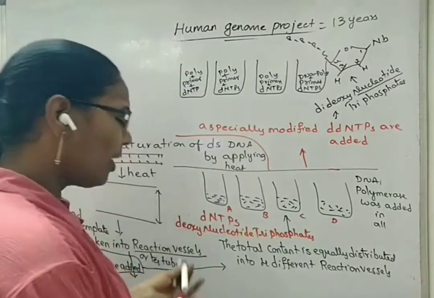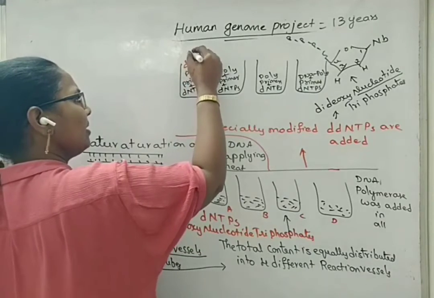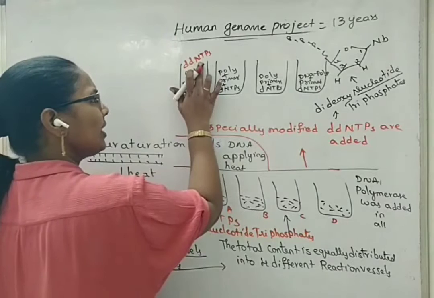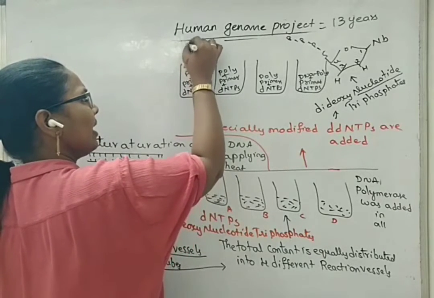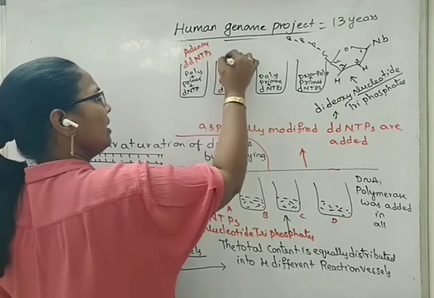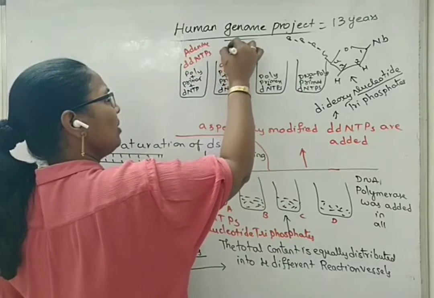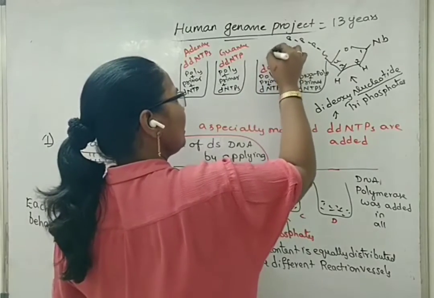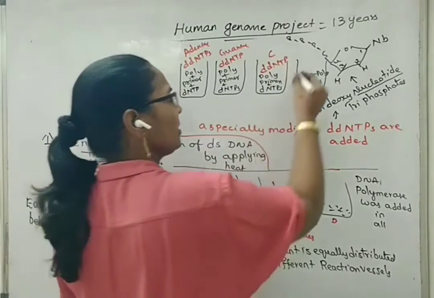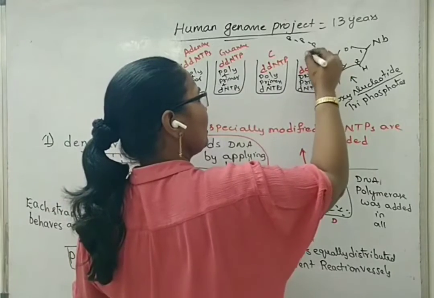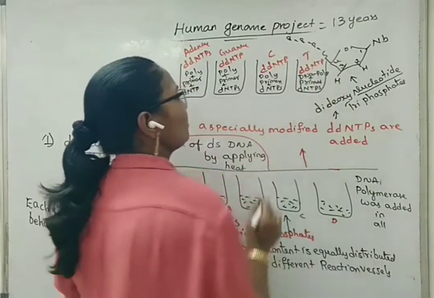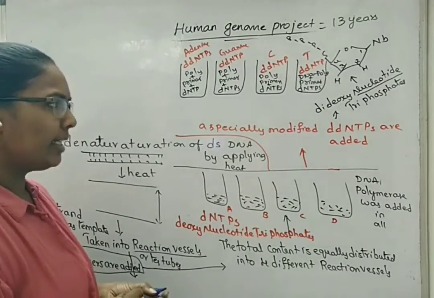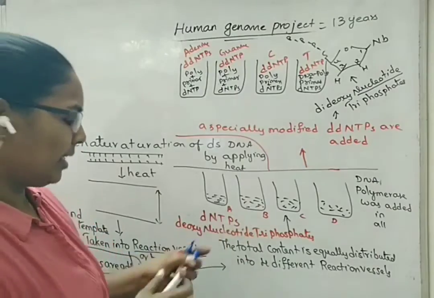To this, we are now adding the modified dideoxynucleotide triphosphates. Suppose this nucleotide triphosphate has the nitrogen base adenine. Here ddNTPs are added with guanine. Here also ddNTPs are added, and the nitrogen base is cytosine. Here also ddNTPs are added, and the nitrogen base is thymine. 4 different types of nitrogen bases are specially modified in the ddNTPs and added to the 4 reaction vessels.